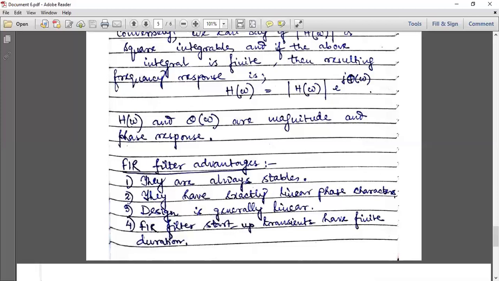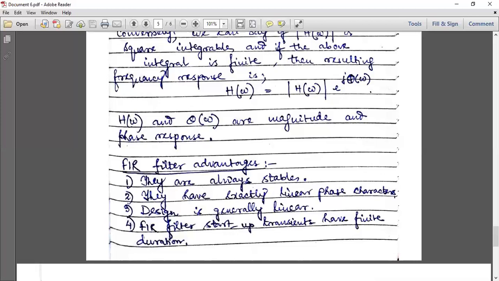Clear? It requires less memory and has lower complexity. However, in many digital processing applications, FIR filters are preferred over IIR filters.